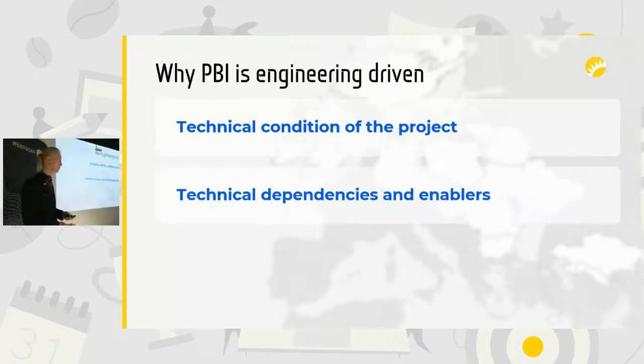The other one is dependencies, the technical enablers. A business analyst is not the right person to work with that. There may be lots of different things, and you may say, okay, we have our architect for that. But maybe you don't have an architect. You just have your engineers. Then you need to come to them and say, okay, what do you have? And then suddenly technical tasks appear.